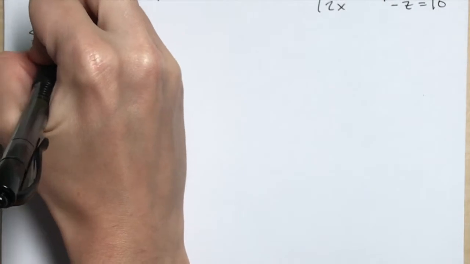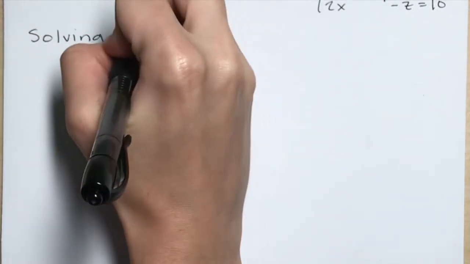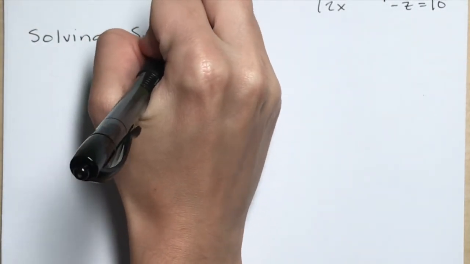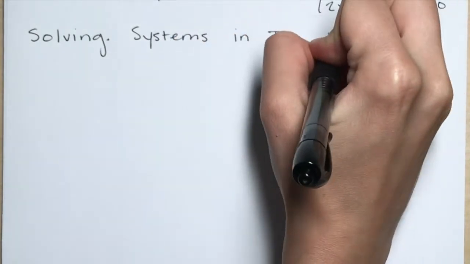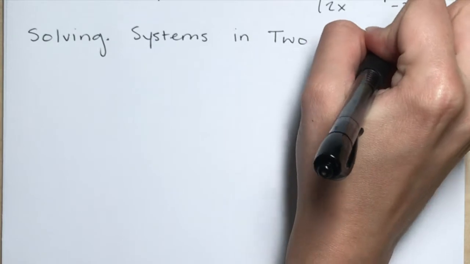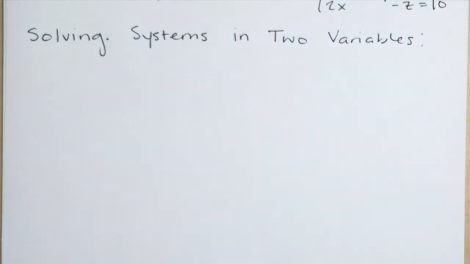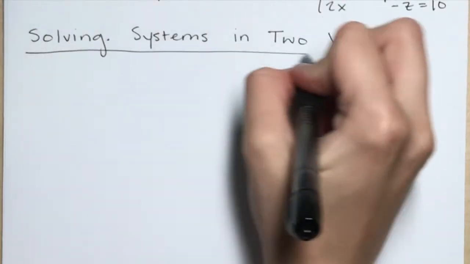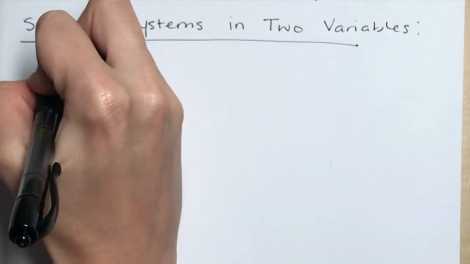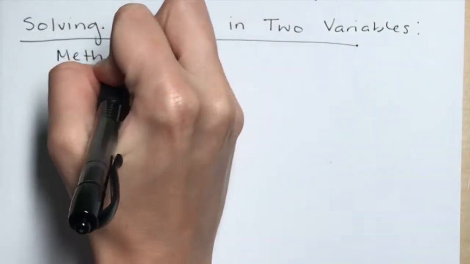Let's talk about solving systems in two variables. There are multiple ways we can do this. The first way is what's known as substitution.